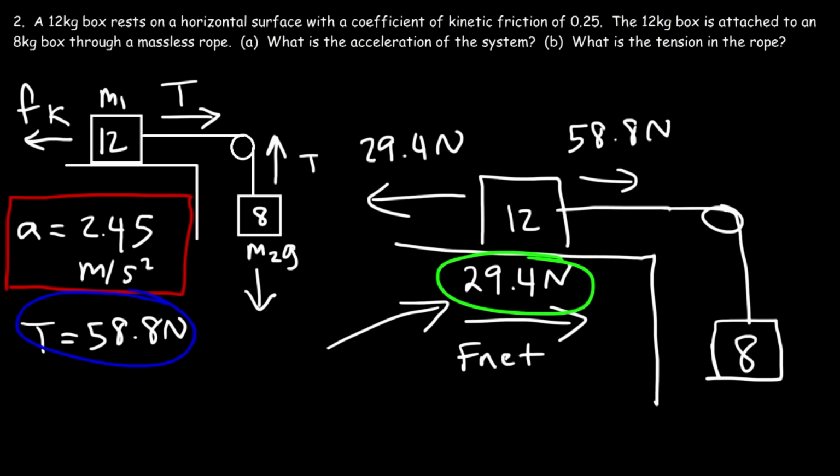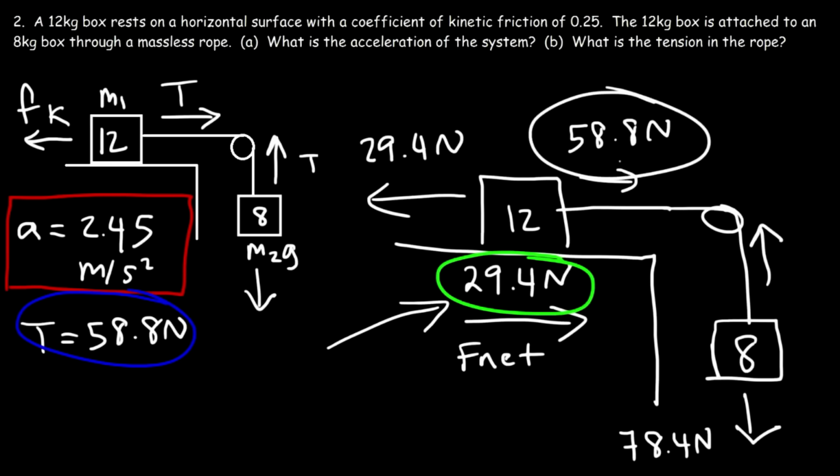Now let's focus on the 8 kilogram mass. So the weight force of that mass is 8 times 9.8, which is 78.4 newtons. Now the tension force in the x direction is the same as the tension force in the y direction because it's the same rope.